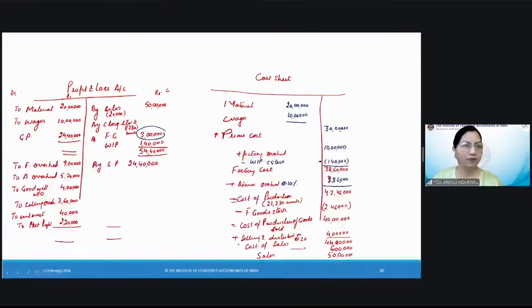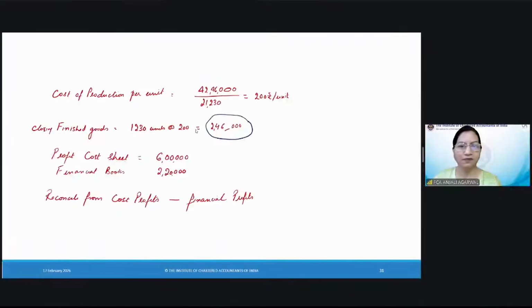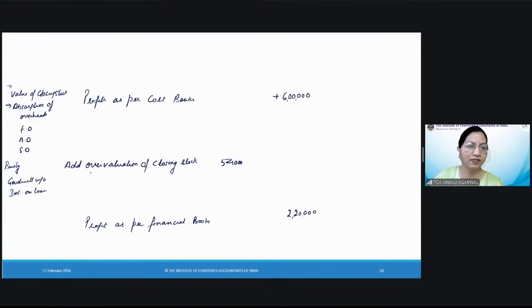Then overheads absorption. Factory overheads 9 lakh, factory overheads 10 lakhs. So in cost books, they are over absorbed. It is not necessary to make profits as per financial records. This I'm going from costing to financial.